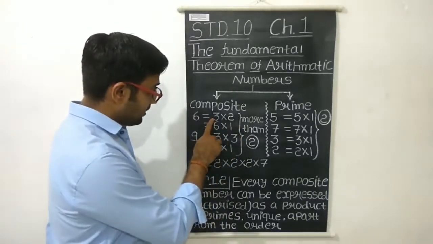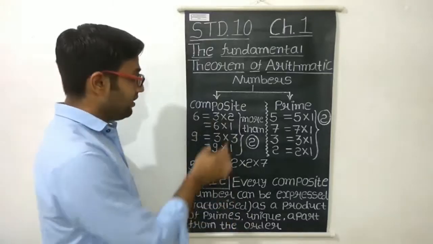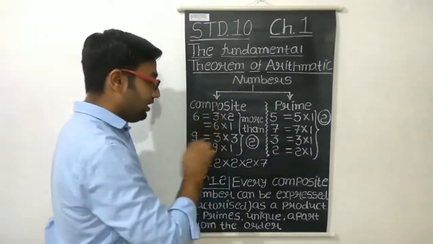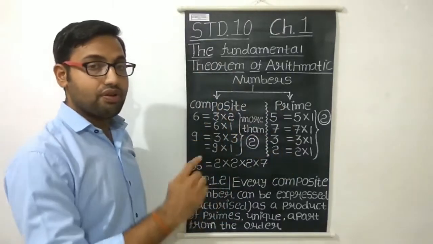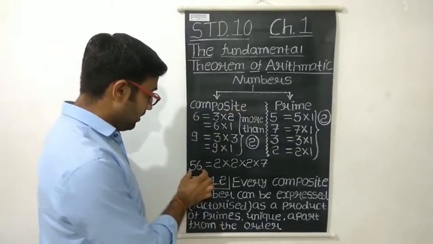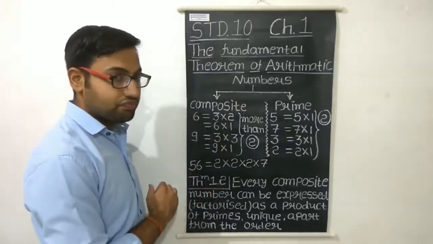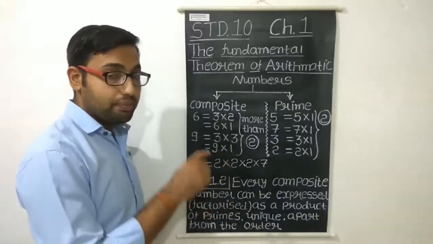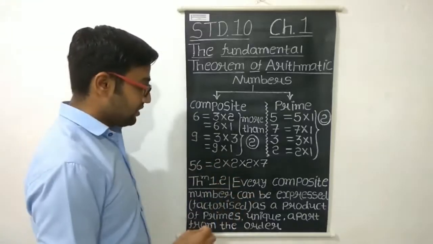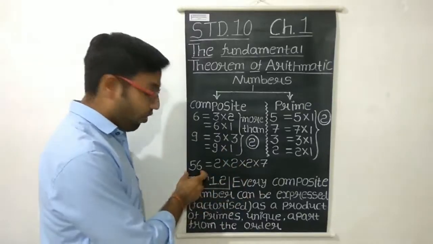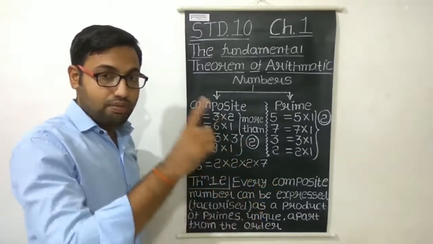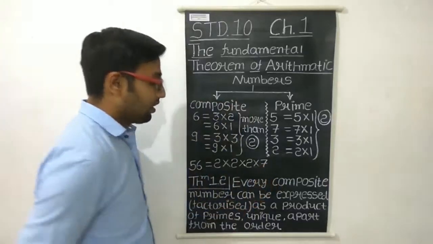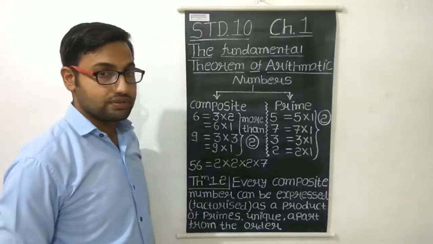When we write it as 3 2s are 6, then these 3 and 2 are prime numbers, so this factorization is called the prime factorization. So here the factorization of 56 we can write in this way, and this way of factorizing is called the prime factorization. That means whatever factors we get of 56, all the numbers must be prime numbers, right? So this is the prime factorization of 56.